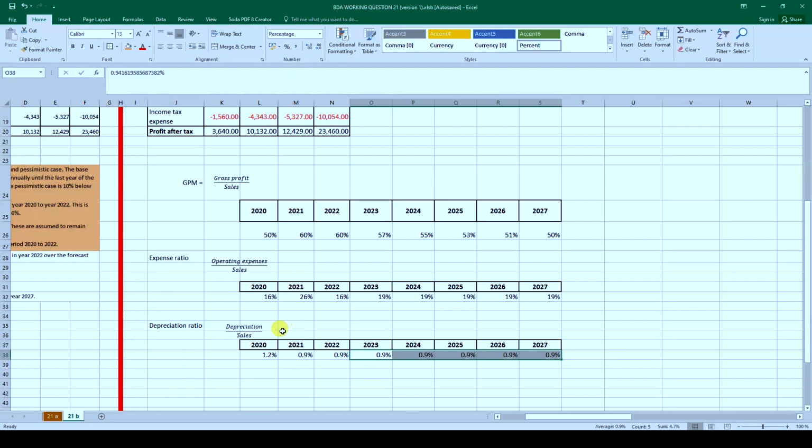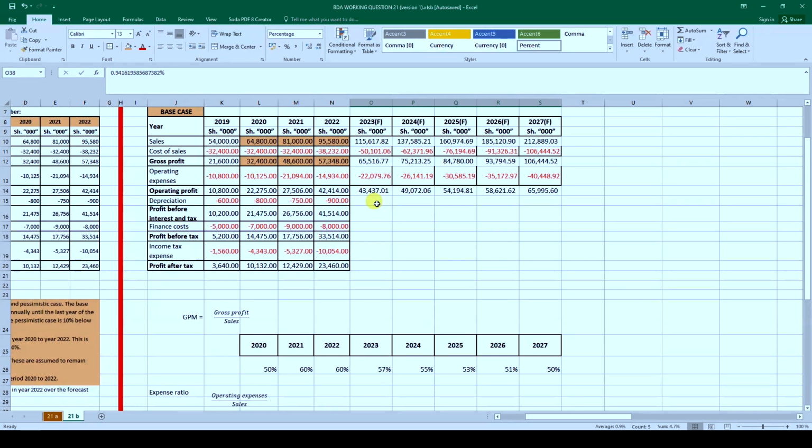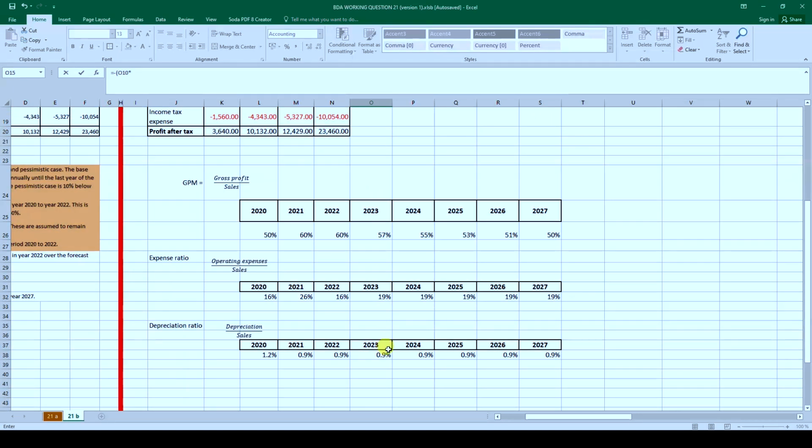How do we get the depreciation from 2023 to 2027? Depreciation, which is the numerator, is just the sales times the depreciation ratio. So we just come over here. Equals to minus, because it's going to give us a negative value, sales times depreciation ratio, 2023, that. And we close the bracket.